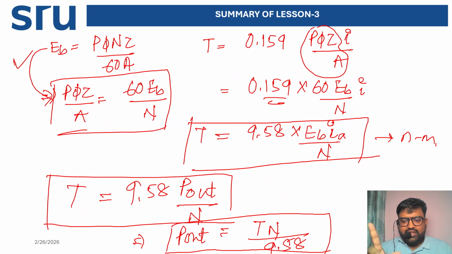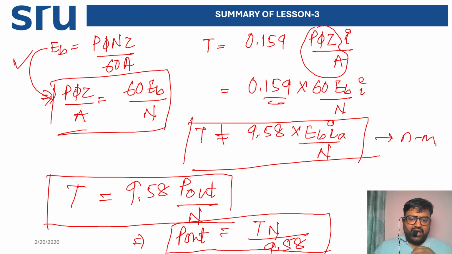Torque is a rotational force. Similarly, the mechanical characteristics have two parts: torque and speed. The relation of torque and speed we can also calculate, but only these formulas you have to use.